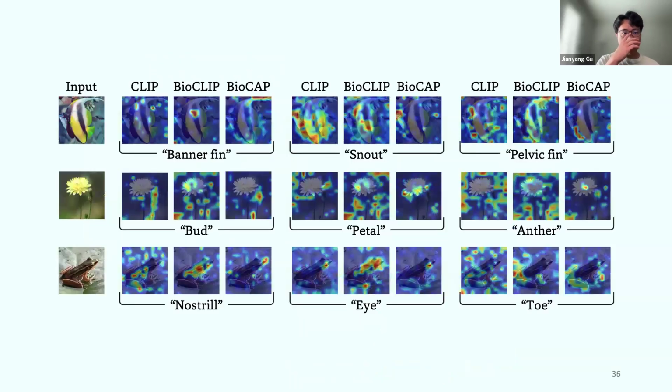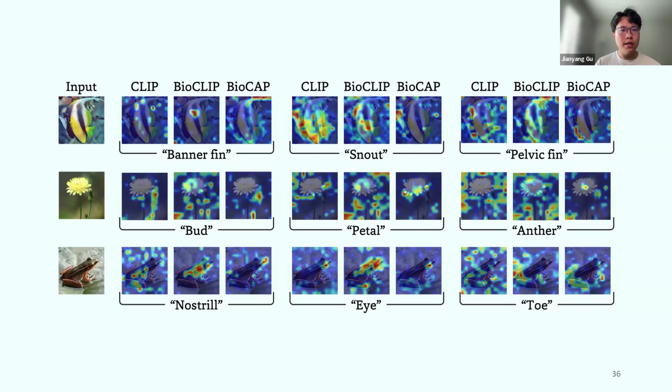So similarly, we can use vocab to explain a lot of different biological concepts. Like for fish, flowers, frogs, you can see that it has very accurate highlights. It has very accurate explanation of all these different biological concepts.